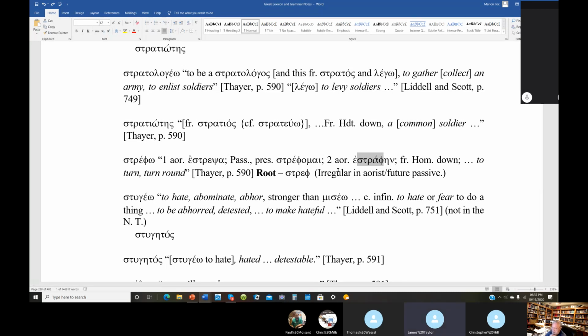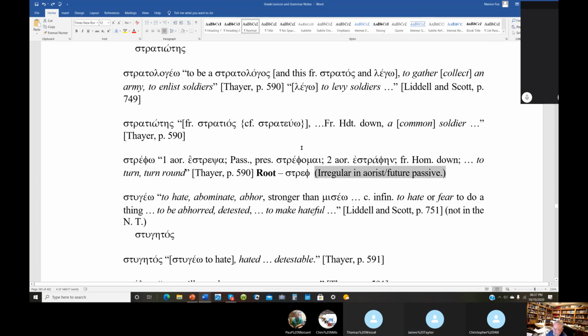Yes, sir. Very good. Thank you. Okay. Now, let me point out, I didn't count them, but there's something like 20, 25 verbs that have an irregular form in the aorist and future passive. But every one of them is labeled in this file that I sent you. They're all labeled.